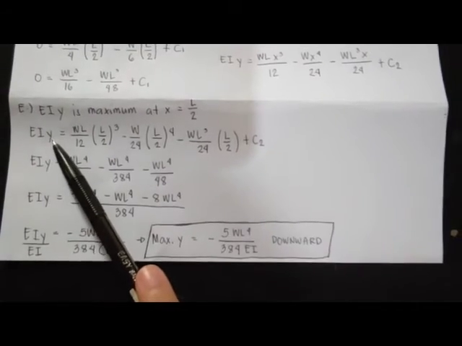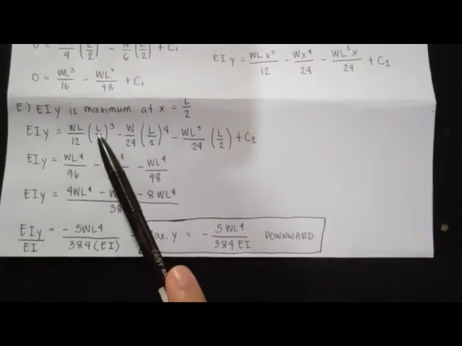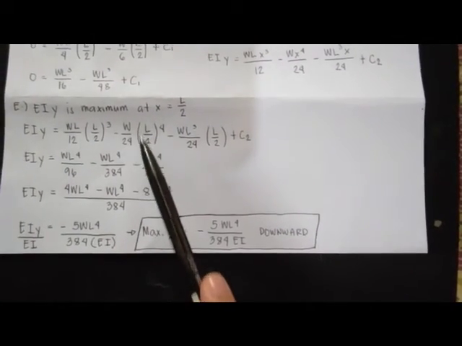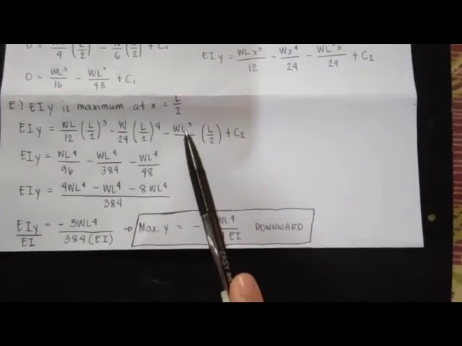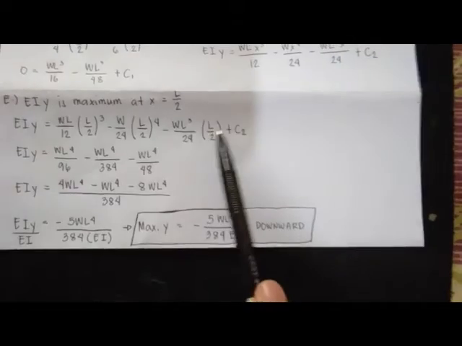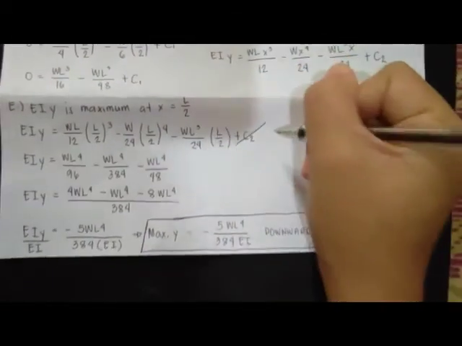Kaya magiging EIY is equals to WL over 12 times L over 2 raised to 3 minus W over 24 times L over 2 raised to 4 minus WL cubed over 24 times length over 2 plus C sub 2. Actually, yung C sub 2 dyan will be disregarded due to the value of 0. So, lalagyan natin siya ng cross dahil yung value niya will be 0.